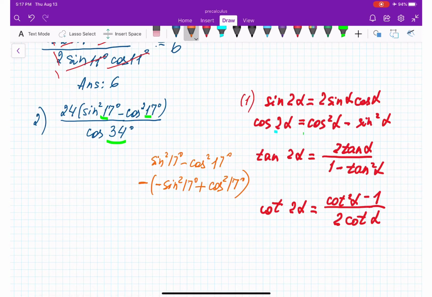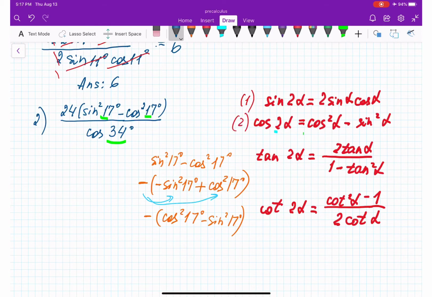Yes, because I put a negative in front, so I flip every single sign in the parentheses. If I go back and open parentheses, I will get positive sine squared 17 and minus cosine squared 17. So all is good and fair. With the difference that I'm going to put the positive sign first, cosine squared 17 degrees minus sine squared 17 degrees, which will give me this formula number 2.